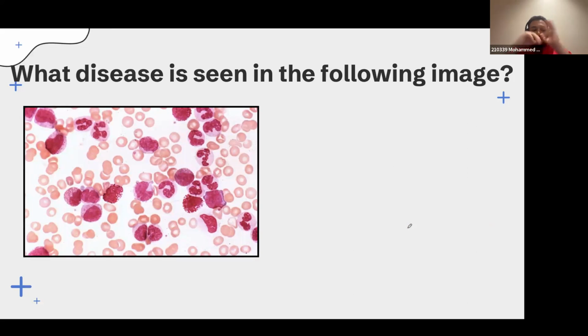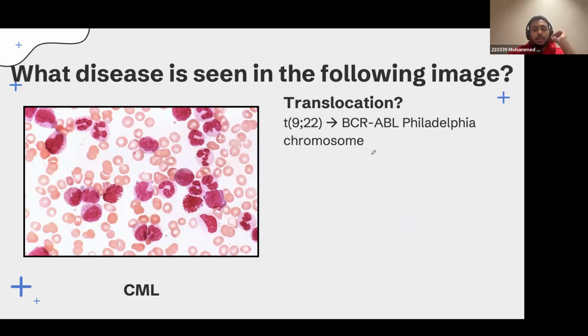CML. Good. Chronic myeloid leukemia. Good. Now, what's the translocation that's seen in this type of leukemia? This is very high yield, 922, good, which is the BCR-ABL translocation. ABL is on chromosome 9, BCR is on chromosome 22. Once they translocate, it will form BCR-ABL, which is a tyrosine kinase, okay?